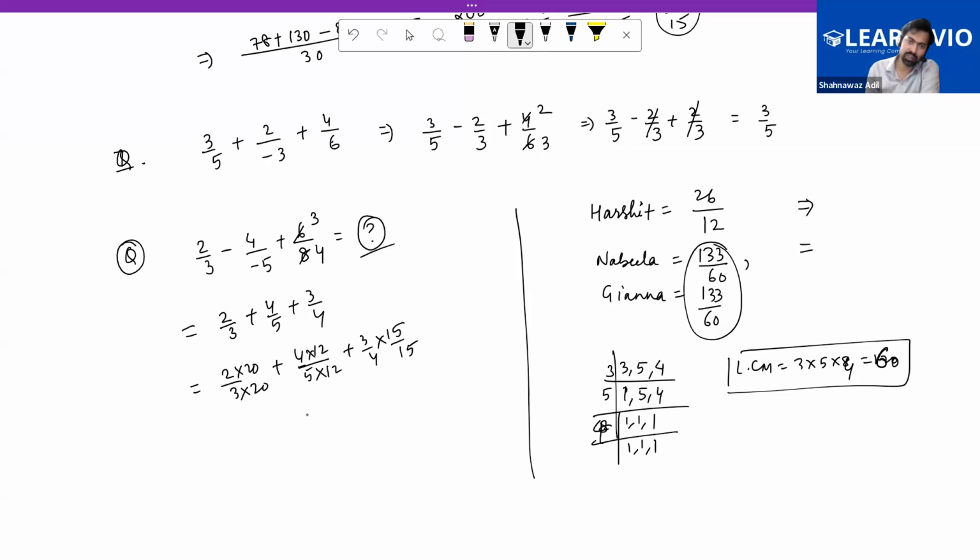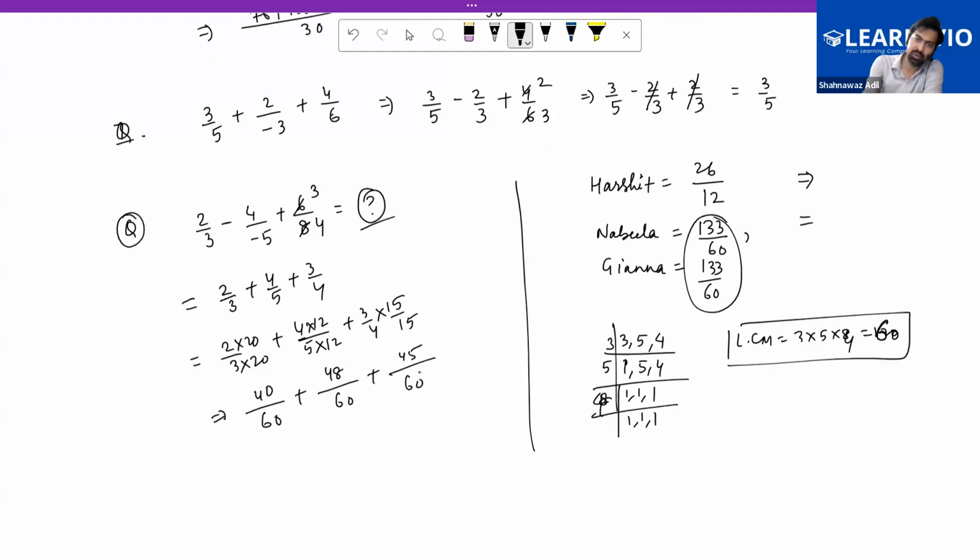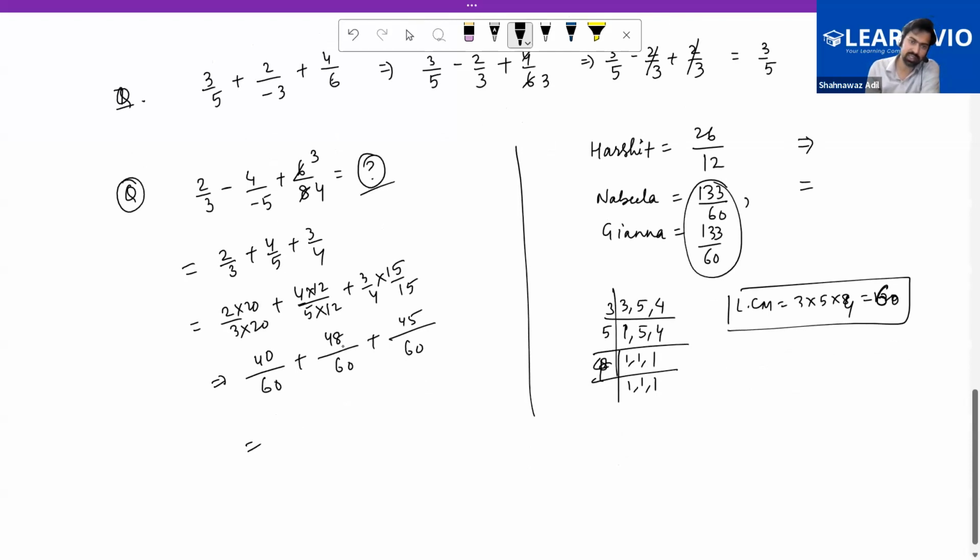So good. Then all the denominators will become the same. So this is 40, and then this is 48, and then this is 60, 45. So what is the answer that we will get? 8, 5, 13, 12 and 1, 30. So yes, this is correct.